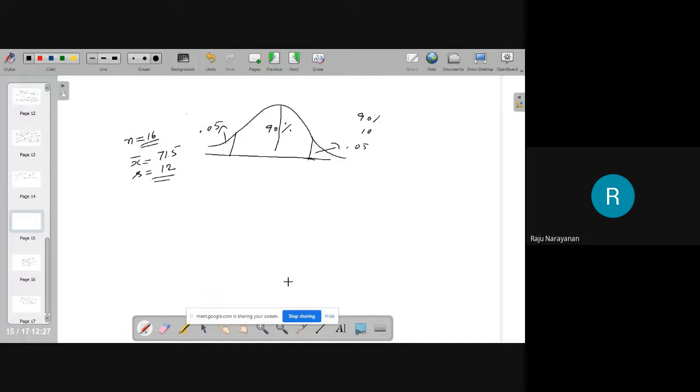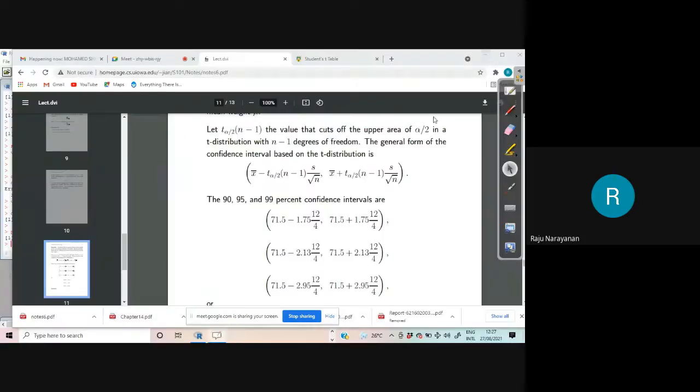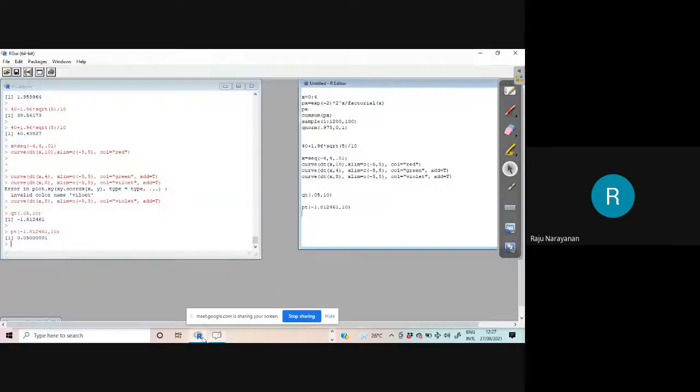Okay, N is equal to 16. Therefore, where is my R? Yeah. Here the degrees of freedom will be 16 minus 1, 15 degrees of freedom.